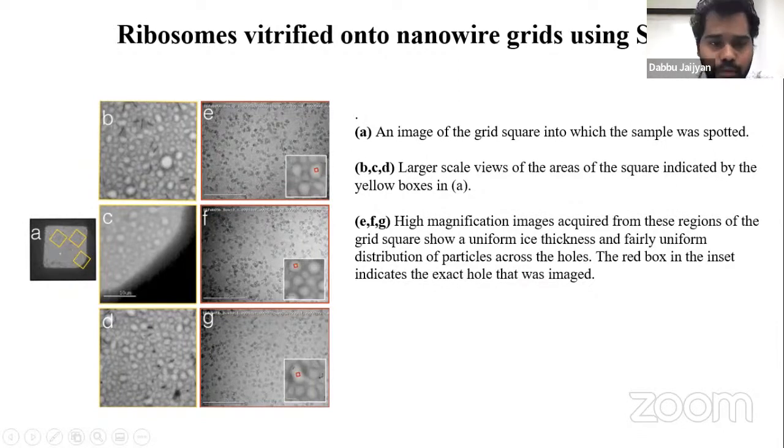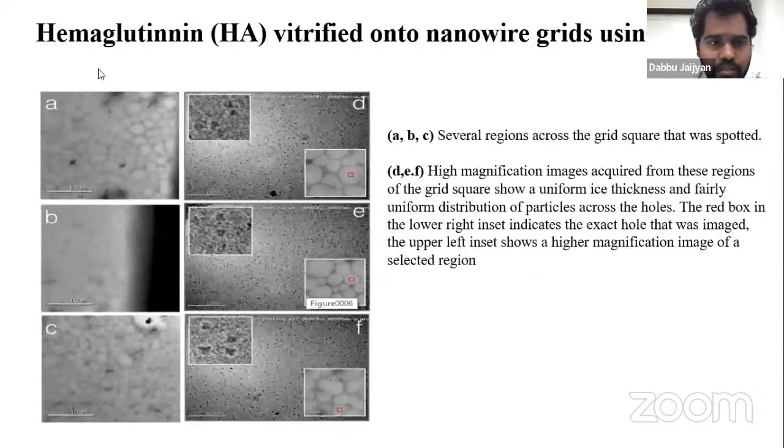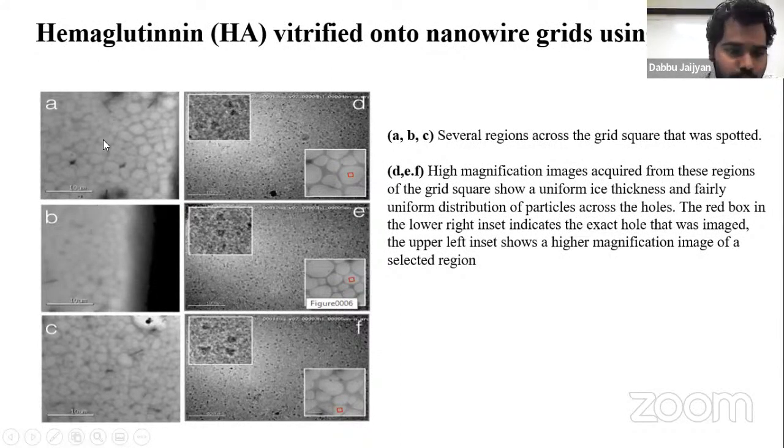Similarly, the authors also used the same method for other biological samples, such as hemagglutinin HA, which was vitrified onto the nanowire grid. Here you can see the low magnification image of the sample applied to the grid. The samples were homogeneous, vitreous, and in the same layer.